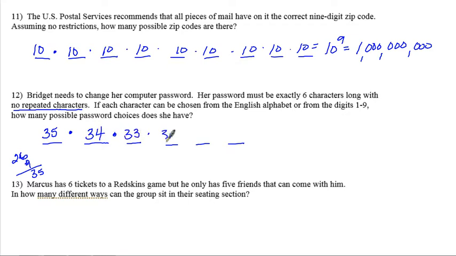And again. And again. So when you multiply all of these using the fundamental counting principle, she has 1,168,675,200 different passwords that she could come up with.